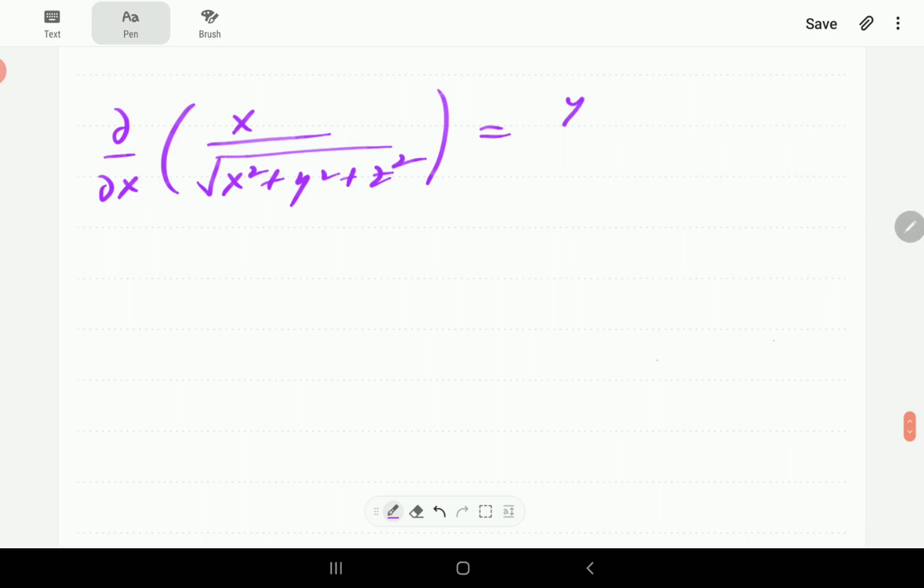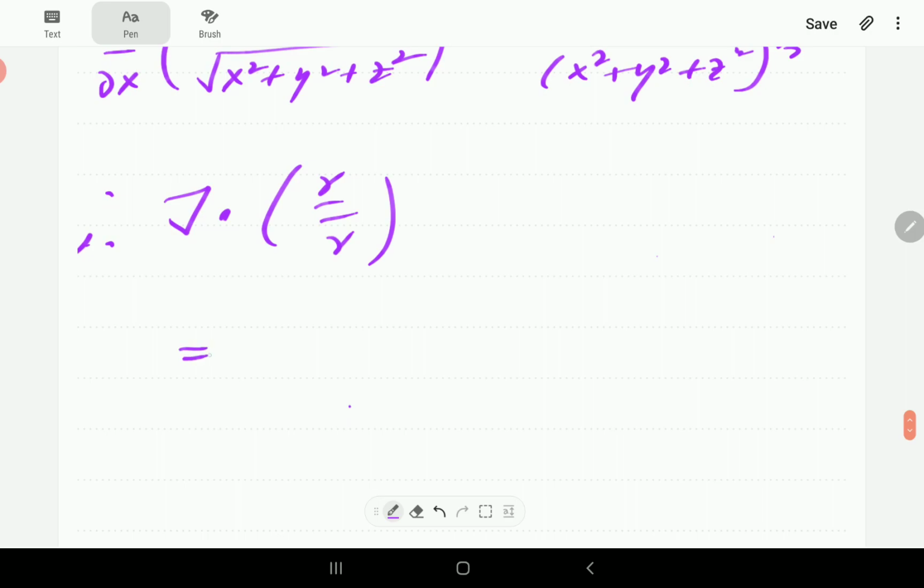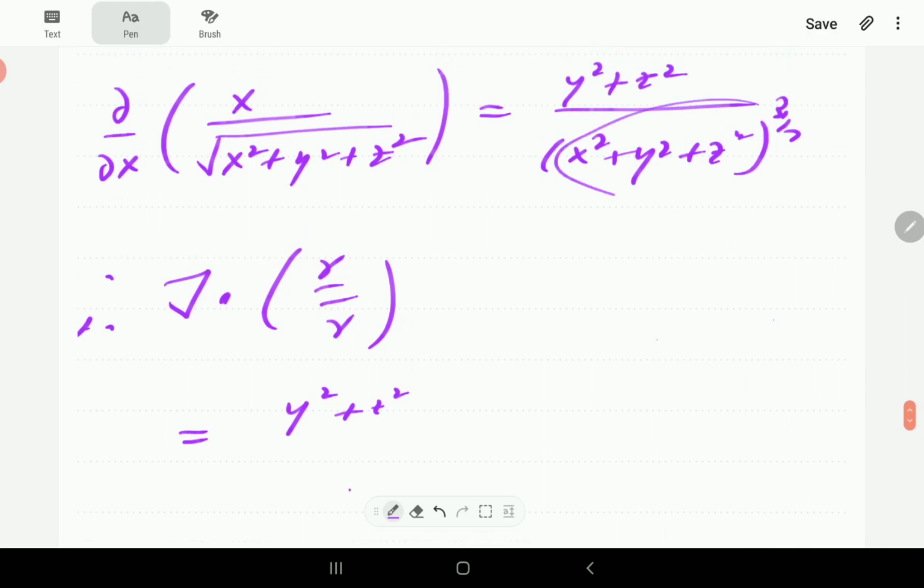y squared plus z squared all divided by x squared plus y squared plus z squared to the power 1, not to the power 3 halves. Okay, so that means the divergence of the vector r over the magnitude of r, the first term is going to be y squared plus z squared over this term.